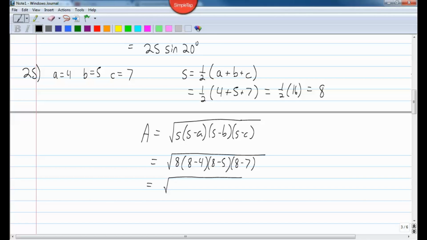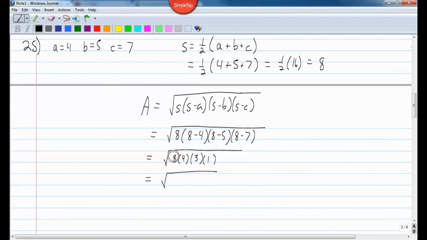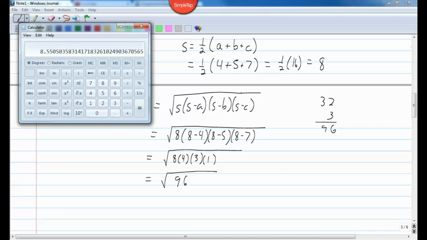So this is the square root of 8 times 4 times 3 times 1, or 8 times 4 is 32 times 3 is 96 times 1. So it's the square root of 96.